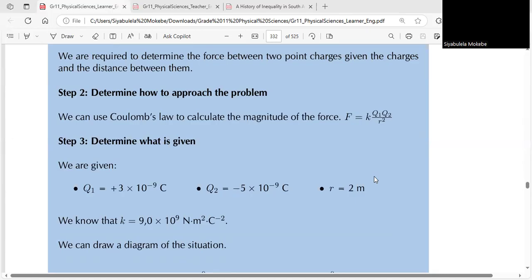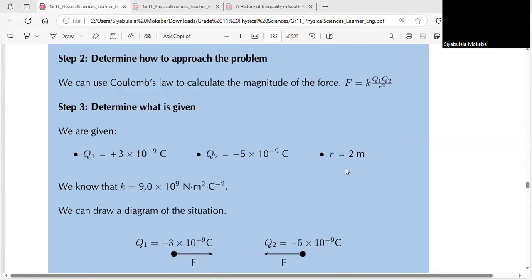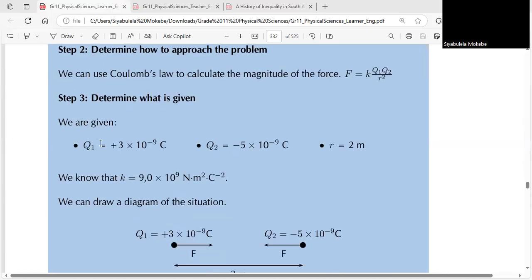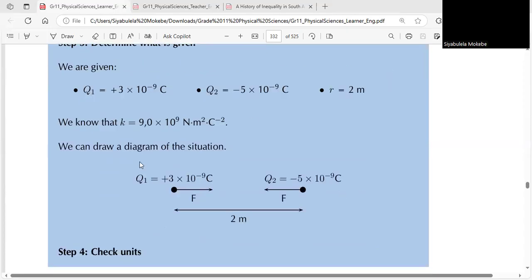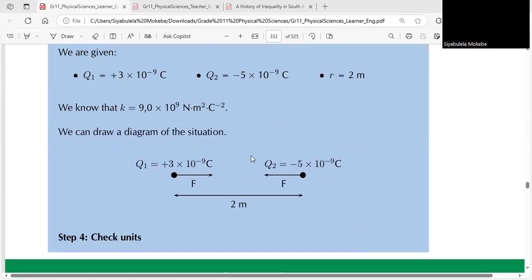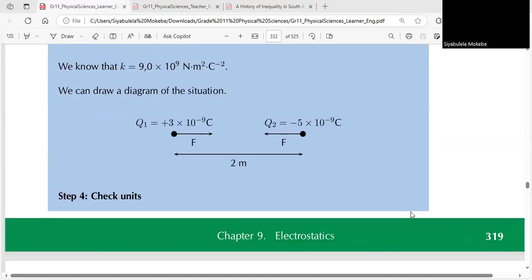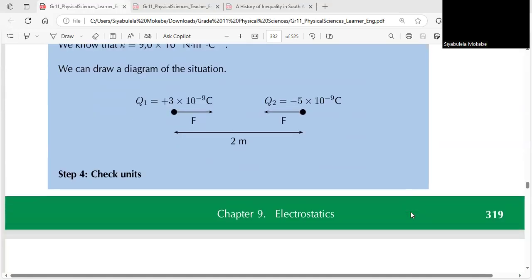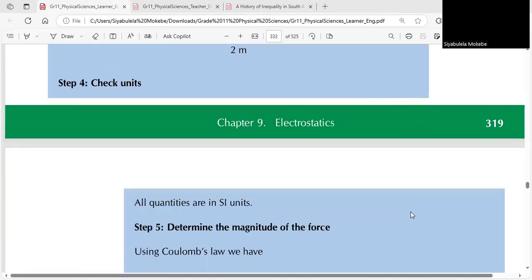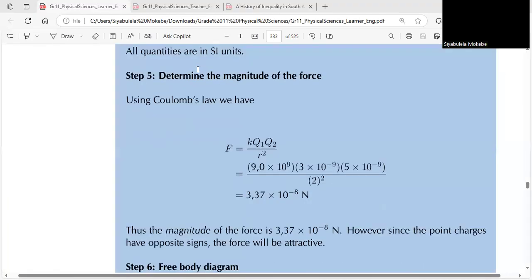Then step 3 is to determine what is given there. And from that, we can draw a diagram just to make the problem much easier to comprehend. And now that all quantities are in SI units, we can find the magnitude using the formula.